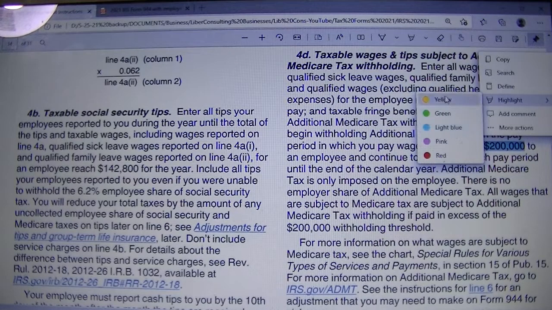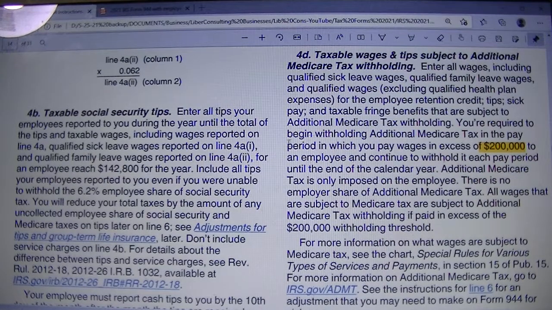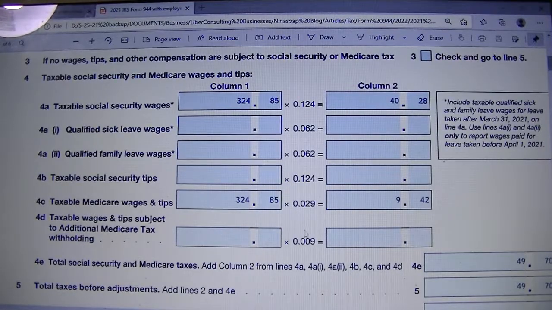And you read it well because there is pay period involved, until the end of the calendar year. So additional Medicaid tax is only imposed on the employee. There is no employer share of additional Medicaid tax. So that's that. When we go back, that's why they have that portion separately from the top.